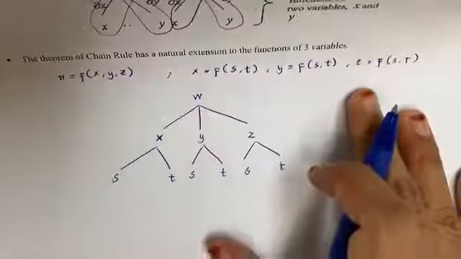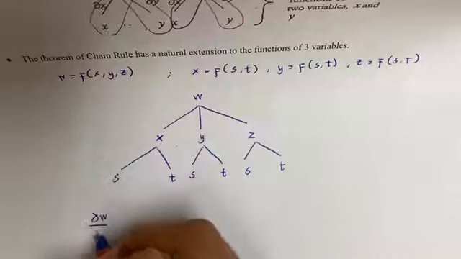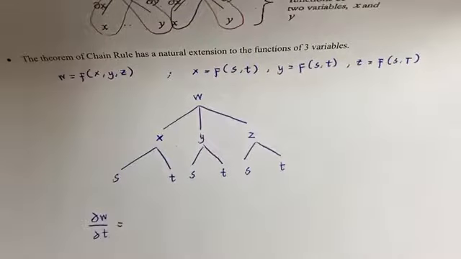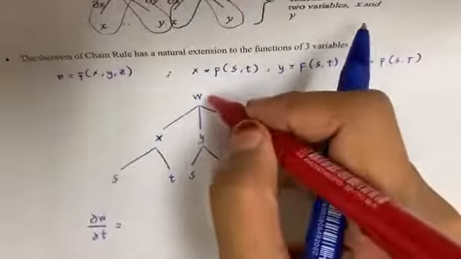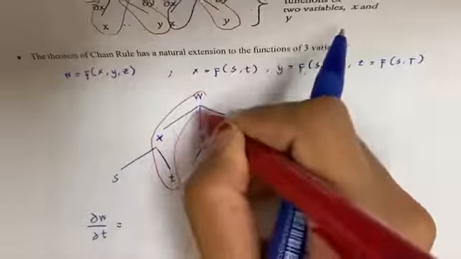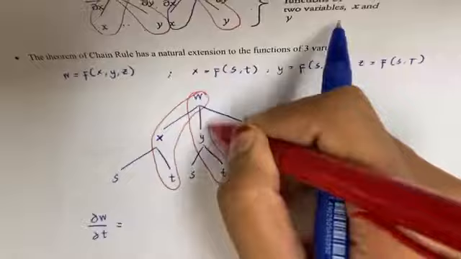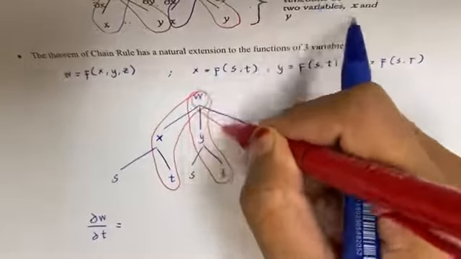Now you can find ∂w/∂t. You start with w and then find t. So you have this one first, for the second you have this branch, and the third one you have this.